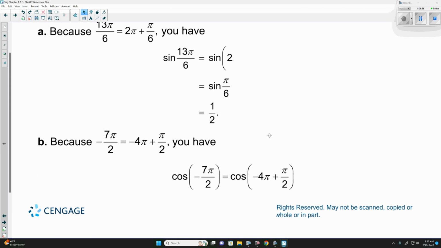Now we could do the same thing with cosine for this here. So negative 4 pi, it went around 4 times, plus pi over 2.